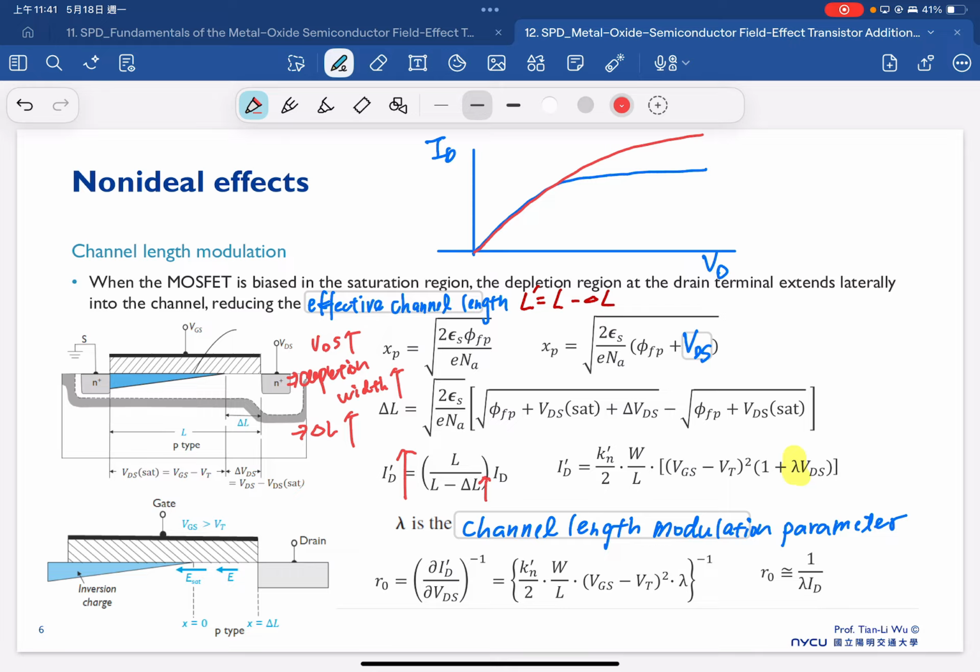And this additional current increase is due to the effective channel length being reduced because of the delta L increase. This effect we call channel length modulation. Once you see the channel length modulation, you will see the non-saturating ID current.